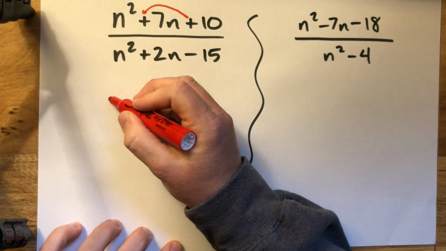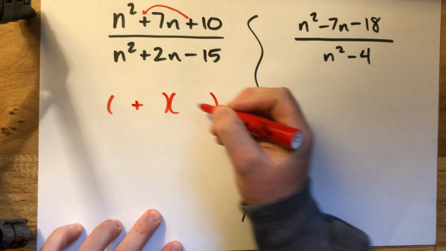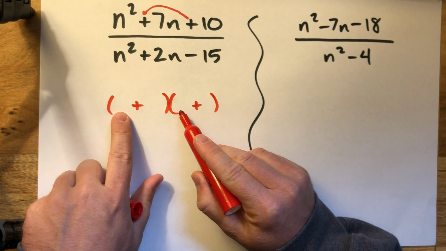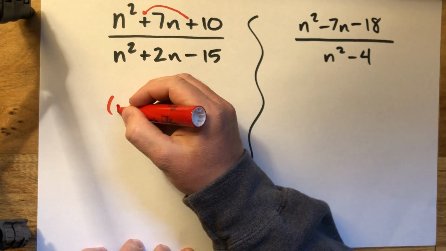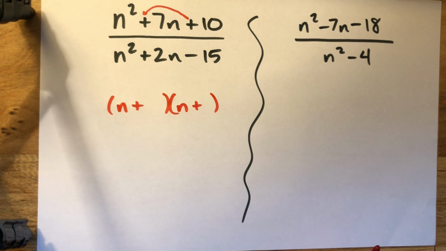So I'm going to set up some binomials here. They're both going to be plus. I also know that since I'm going with the first terms being multiplied, I'm going to go n and n, because that's the only thing that will get n squared, is n times n.